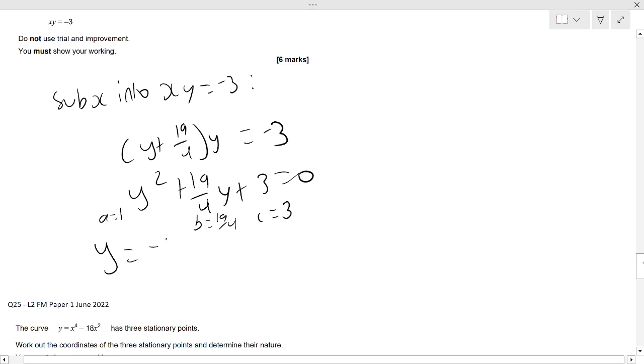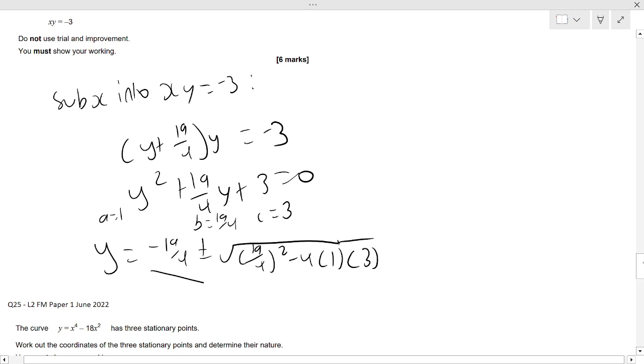So then y would be minus 19 over 4, plus or minus the square root of b squared, which would be 19 over 4 all squared, minus 4 lots of 1 for a, and then 3 for c, and then all over 2 lots of 1. And so then you just bung that into the calculator.